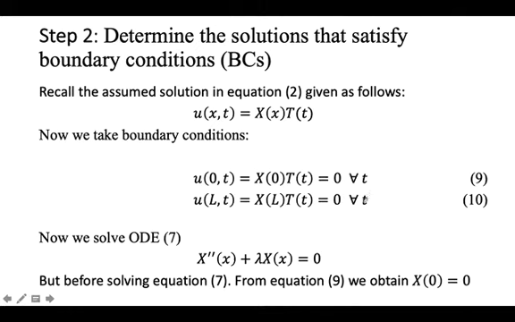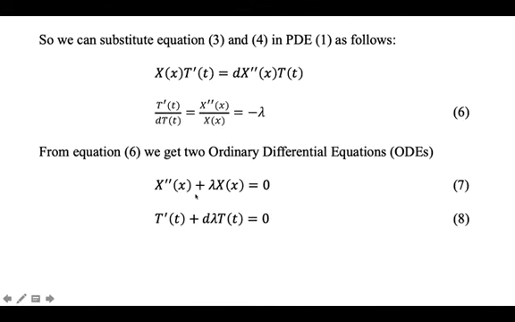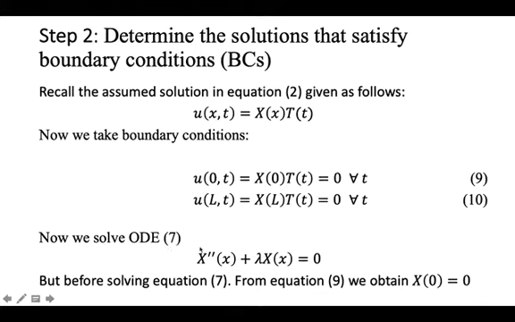Okay, now we solve ODE 7. ODE 7 is this one. As I said, we have obtained two ordinary differential equations and we will solve them separately. So we take equation 7 and write it down here. But before solving equation 7, from equation 9 we obtain X(0) is equal to 0.